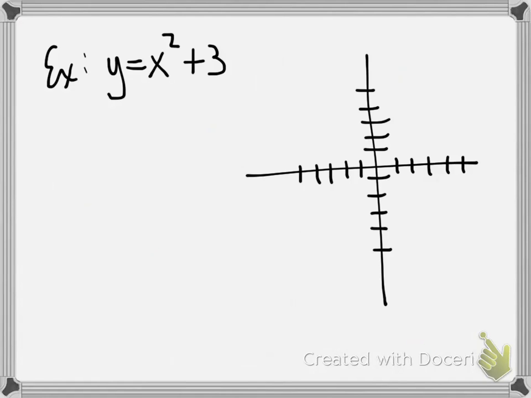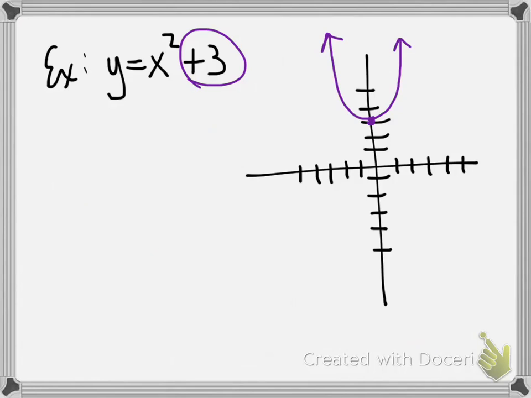If we want to do some shifts, we can see what happens when we add 3 to the end of x squared. So if you recall from when we did absolute value, the plus 3 at the end means we shift this up 3 units. So 1, 2, 3 is my new beginning point, and I'm going to go up and to the right and up and to the left.